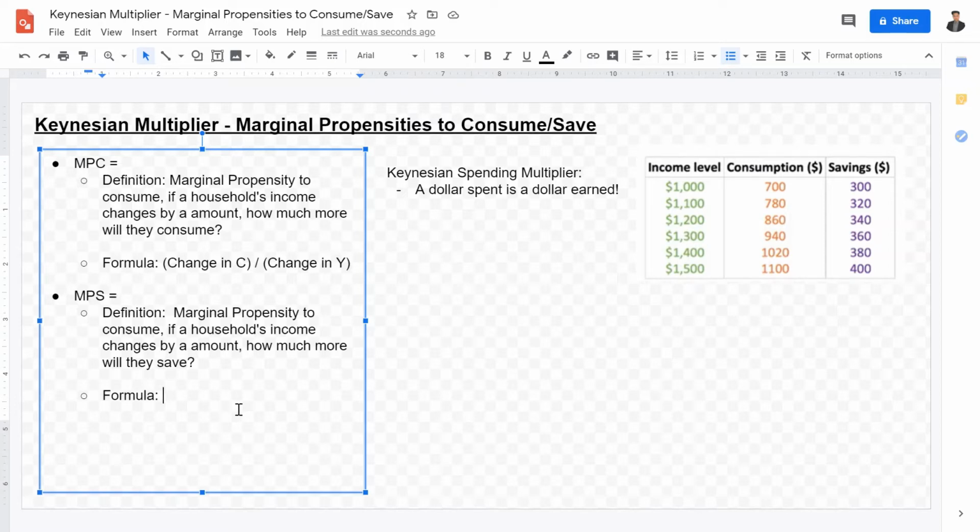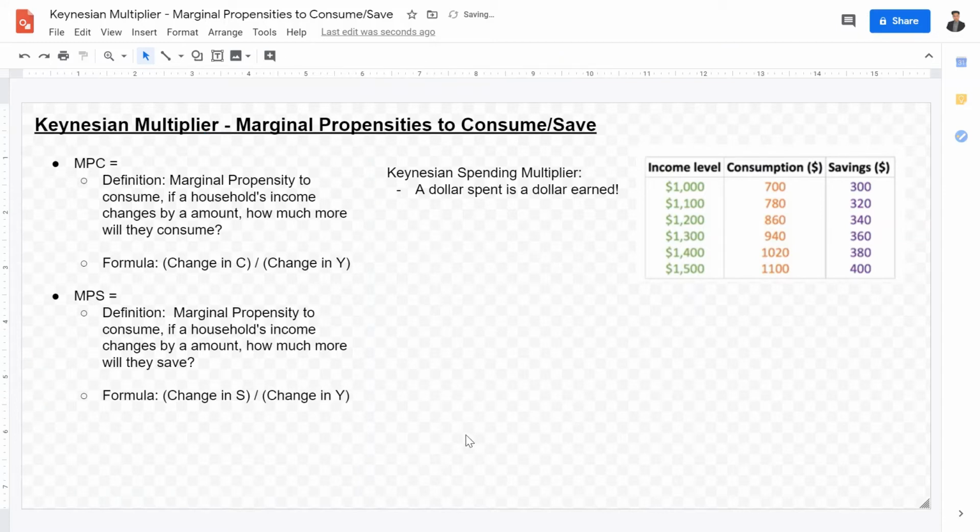If you have studied elasticity of demand, Y represents income. Once again, for MPS we have the change in savings divided by the change in income. So this is MPC and MPS, their definitions as well as the formulas.